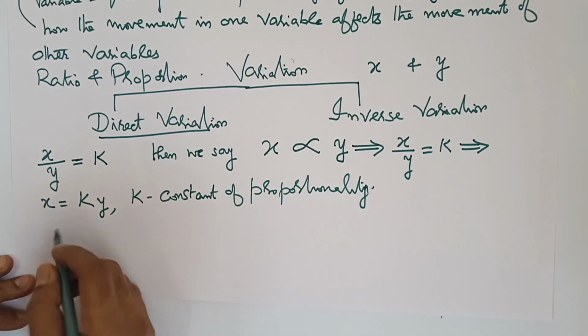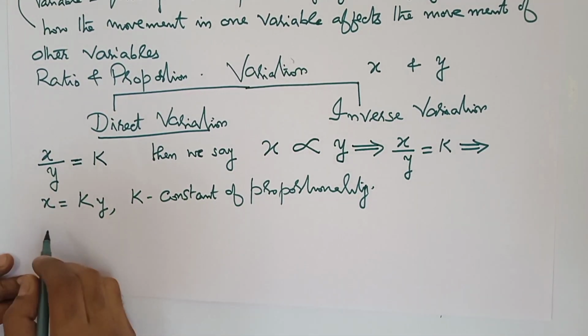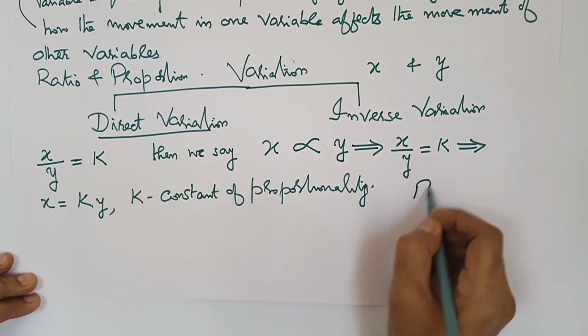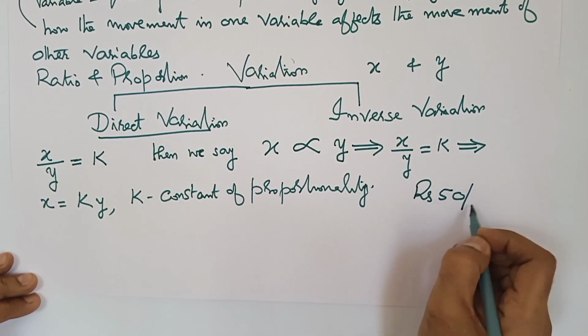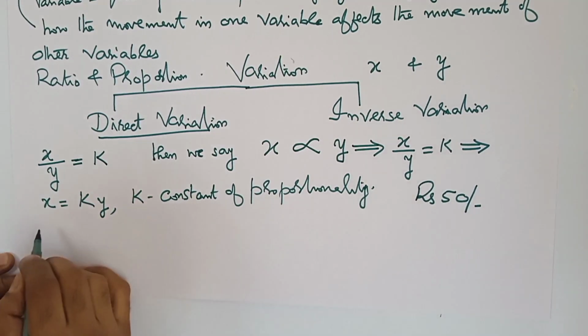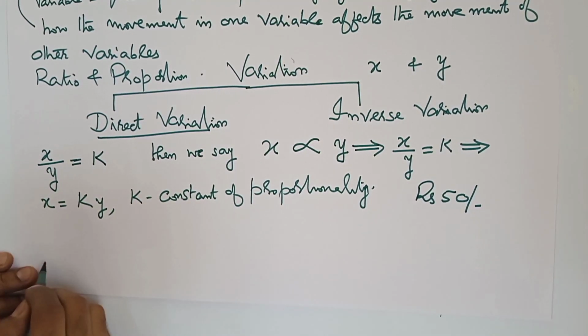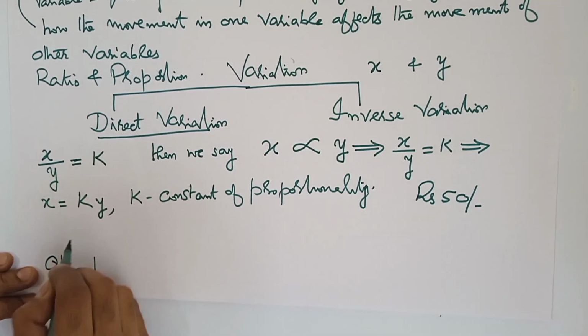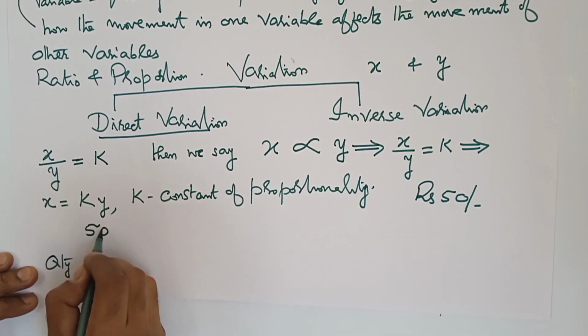Supposing you are buying something, say sugar, which costs rupees 50. This is the price of 1 kilo of sugar. Now, if you are buying 1 kilo, how much money do you pay? 50 rupees.